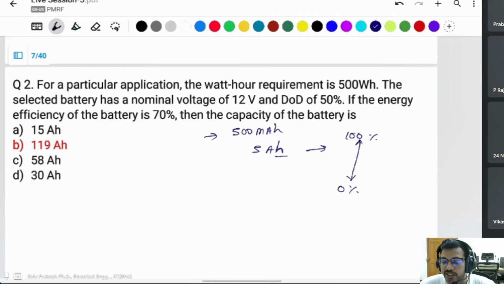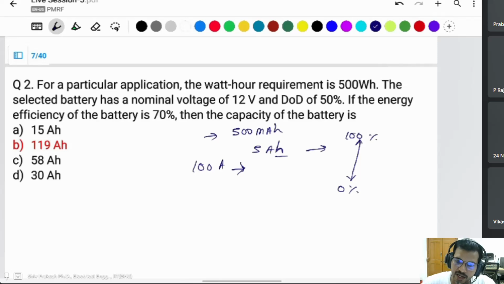A battery could discharge 100%, but it is not possible in practical cases. If you manufacture a 100 Ah battery, then it will give 100 Ah in output. If you fully discharge any battery, then the battery may be damaged. That's why any battery can't be fully discharged.